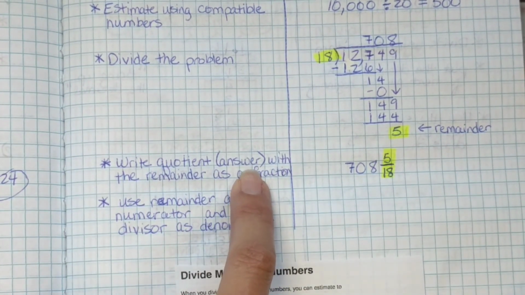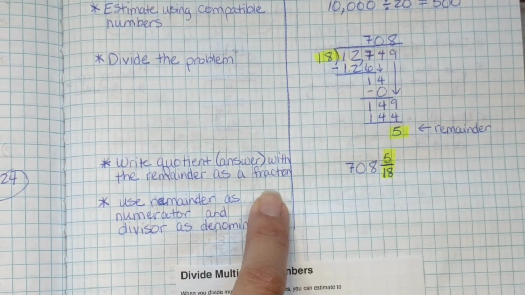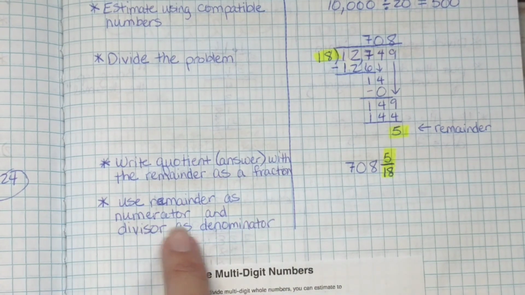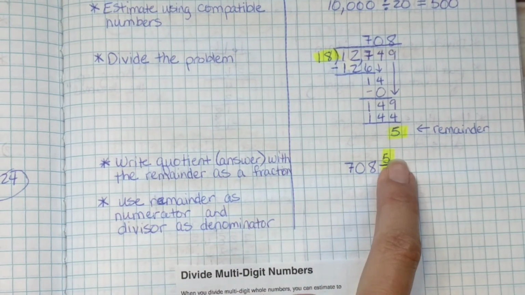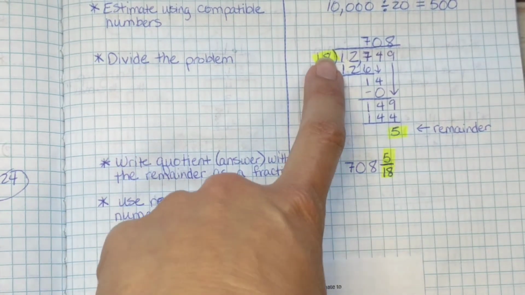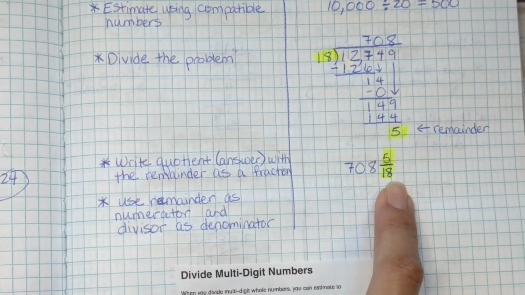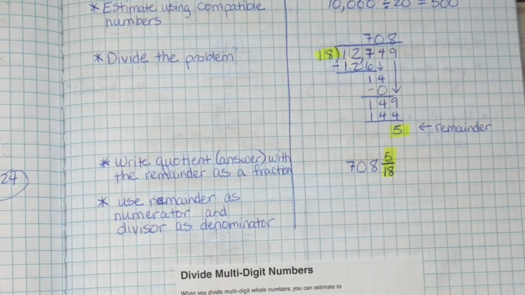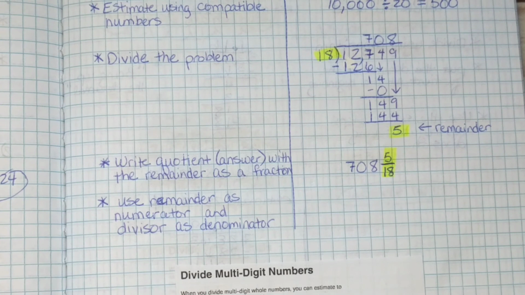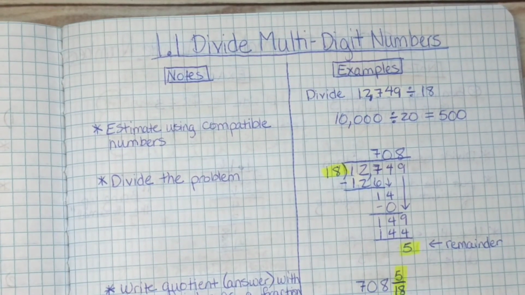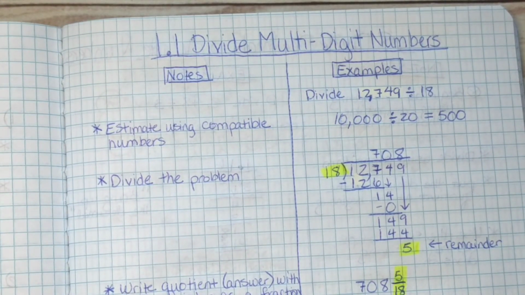Write a quotient, which is the answer, with the remainder as a fraction. That means you take the remainder, put it in the numerator, take the divisor, put it in the denominator, and you're good to go. All right, take a look at the notes in PDF form.